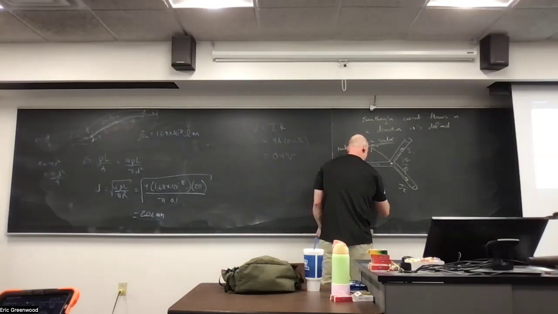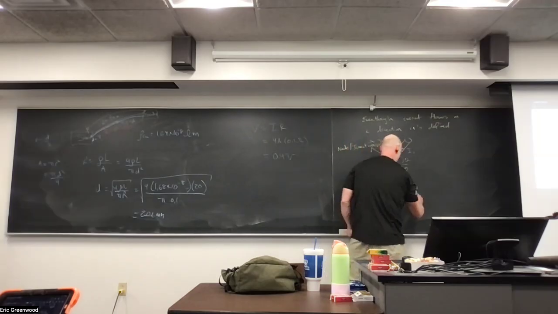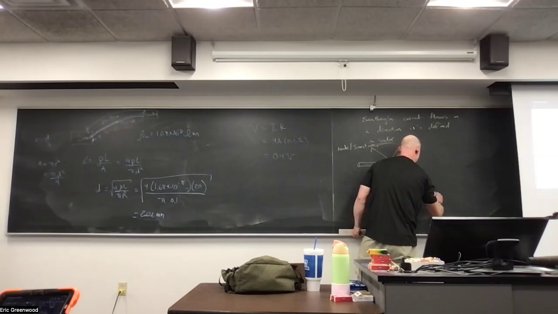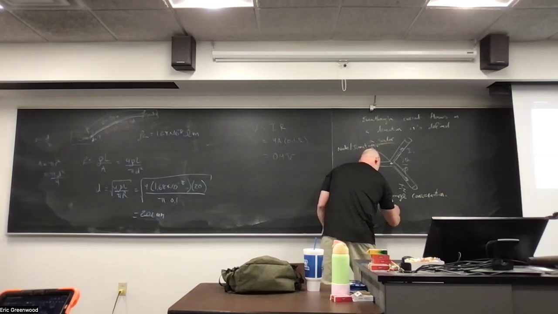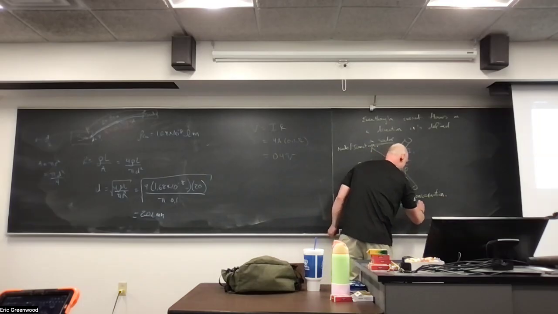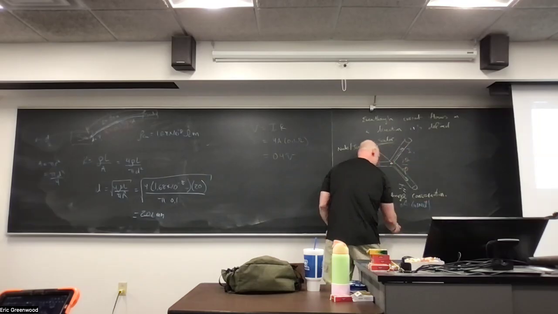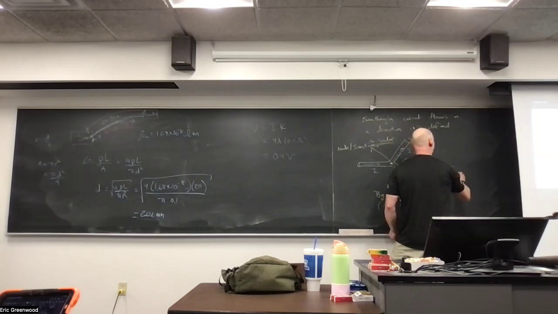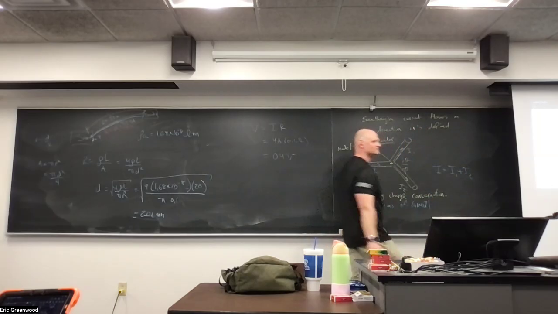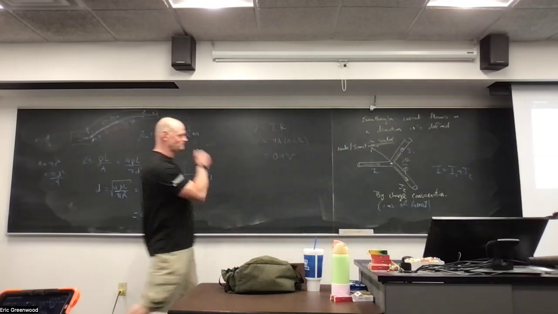So what this says then is, by charge conservation, which we're also going to call conservation of current, even though it's exactly the same thing, that my current coming in, I, has to be equal to I1 plus I2. Okay?